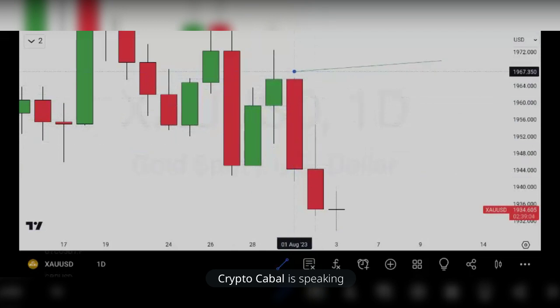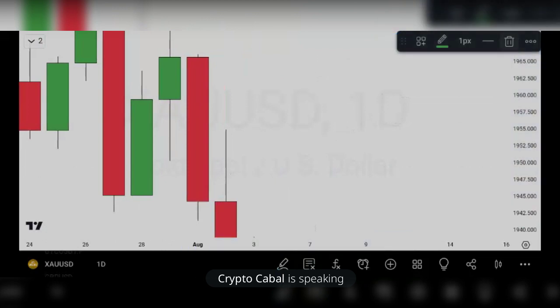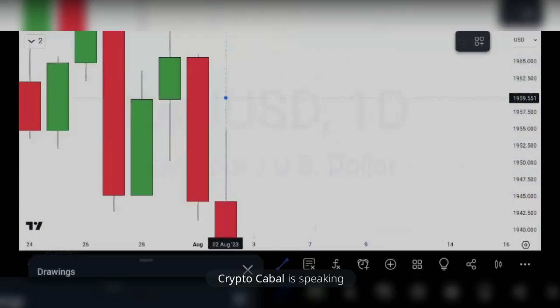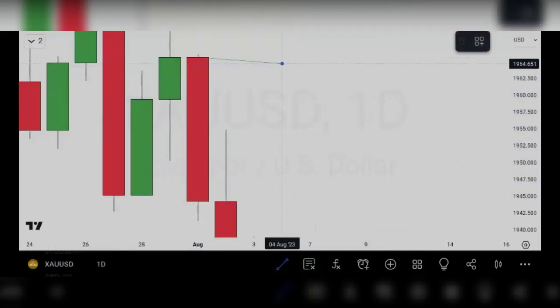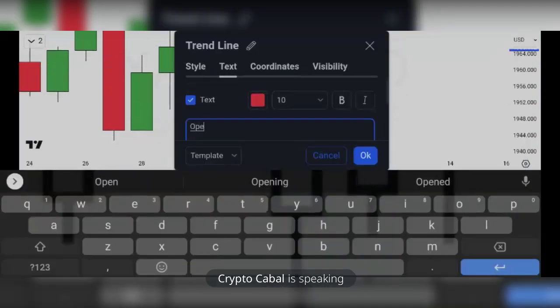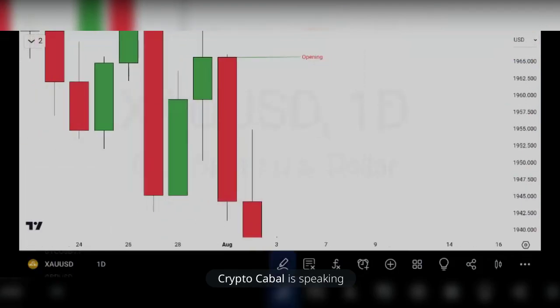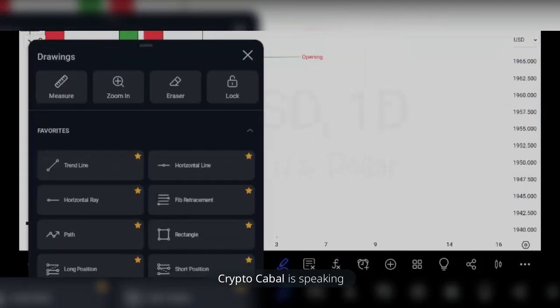The upper part of the rectangle is called the opening, and the down part is called what? Closing. If you want to label this, how do we label it? We call this part what? The opening. And we call the down part, where it closes, what?